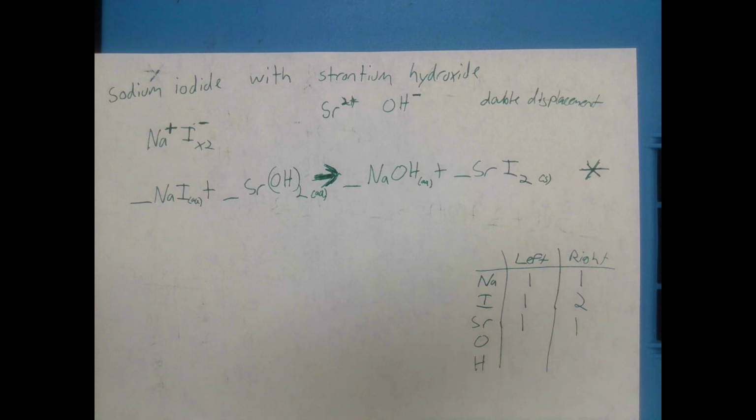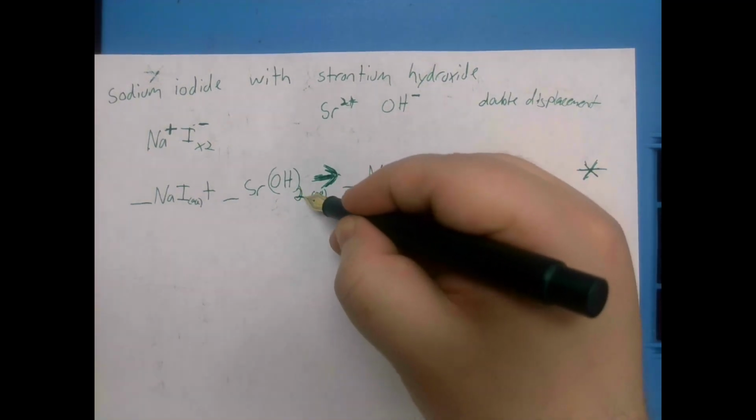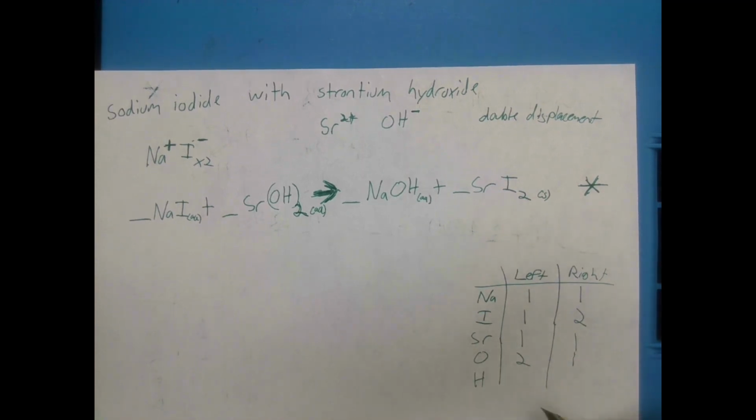How many oxygen do we have? On the left, 2. And 1 on the right. Hydrogen, we have 2. And 1 on the right. So where will y'all begin?